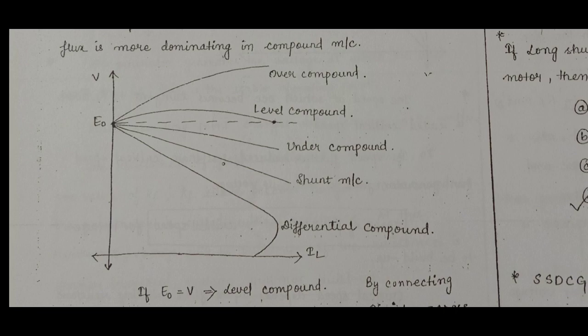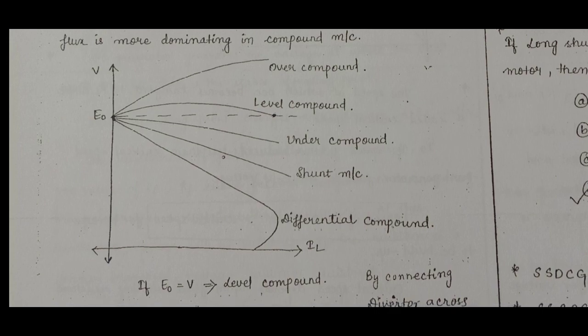Over compound, level compound, under compound, shunt machine, differential compound machine. These are the different generator load characteristics.